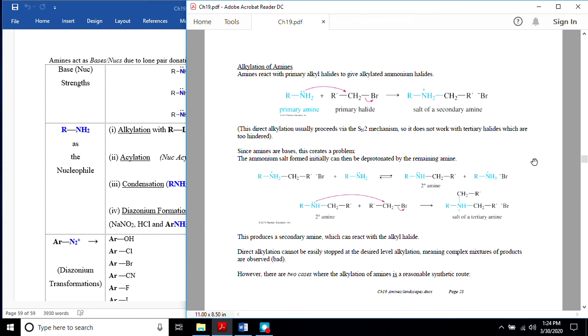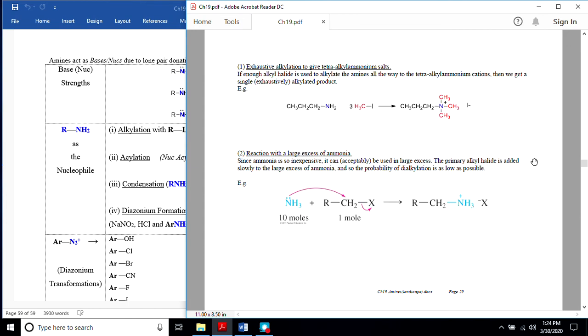If you have enough alkylating agent, this alkylation deprotonation can go on and on until all of the positions around the nitrogen have become connected to an alkyl group. So this would be a quaternary ammonium salt or a tetraalkyl ammonium salt.